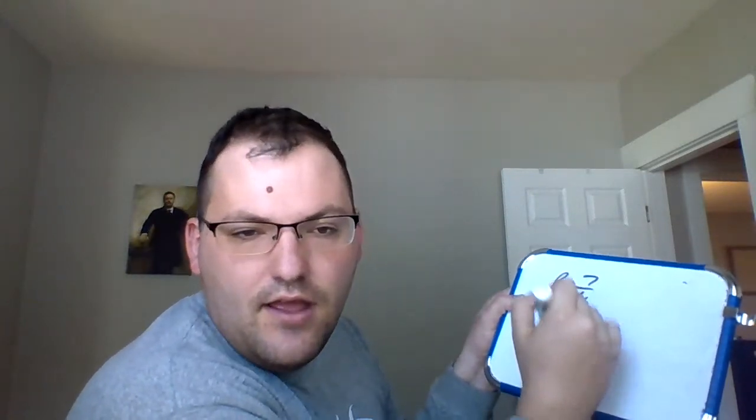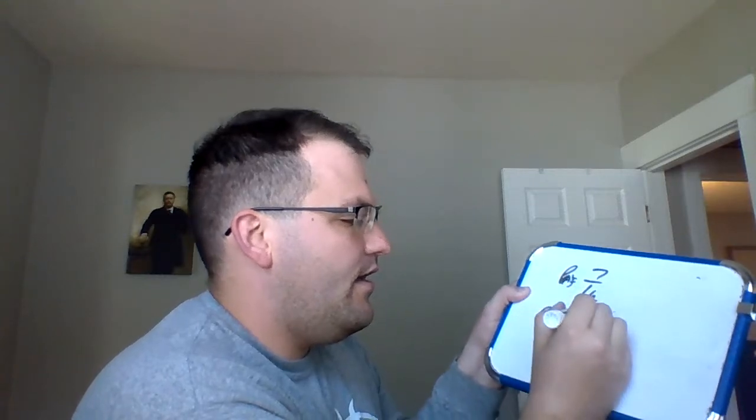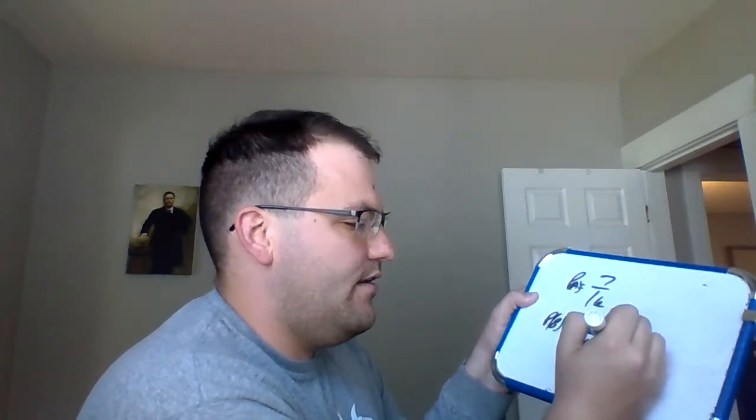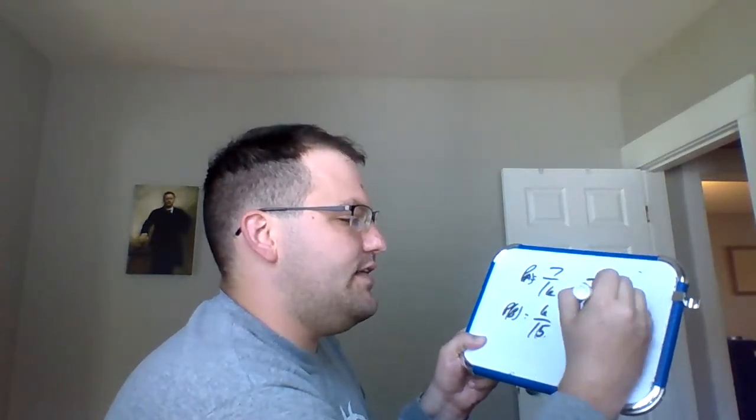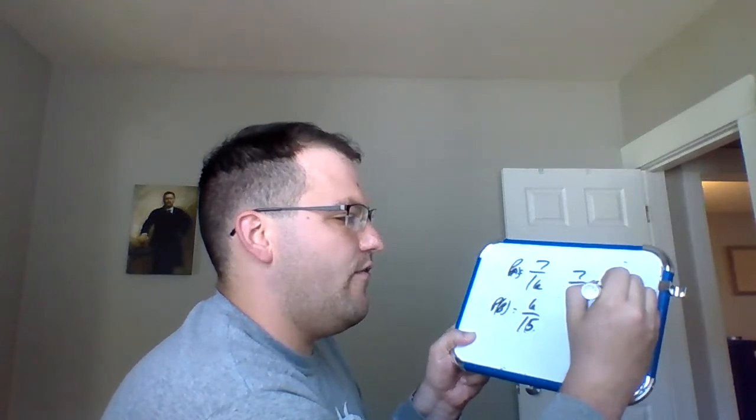So probability of A is still out of 16, but we're doing bananas, so it's 7 out of 16. And then the next one, probability of B, is 6 out of 15. And so we multiply 7 over 16 times 6 over 15.